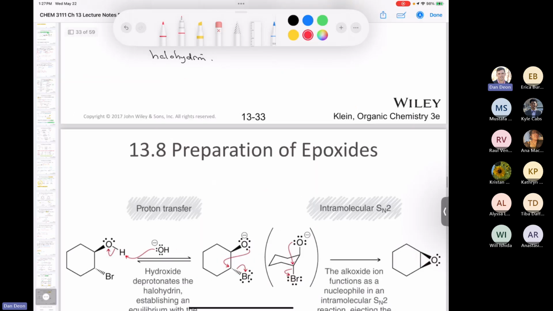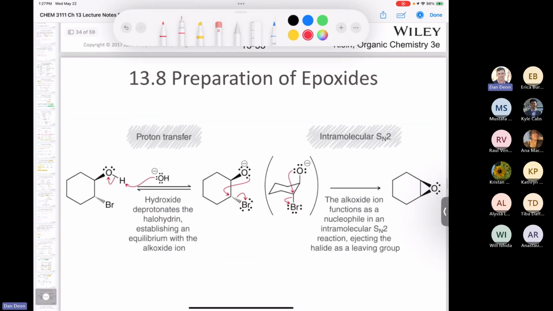Now, here's the mechanism redrawn here. This is what I drew on the previous slide, but then they put it in the chair. So remember, this is the chair conformation. And they show you that the nucleophile and the leaving group, who remembers this word? They have to be antiperiplanar to each other in order for this reaction to occur.